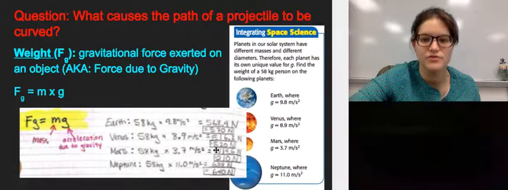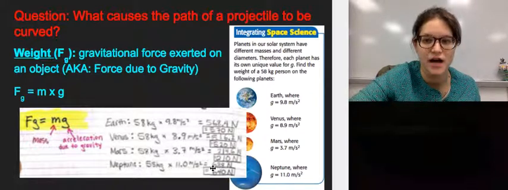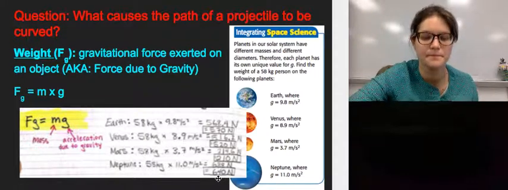I'm going to round that off to 520. 58 times 3.7, 214.6, so that's 210 newtons, rounded off to two significant figures or two non-zero numbers. And then 58 times 11 is 638, so I'm rounding that off to 640.